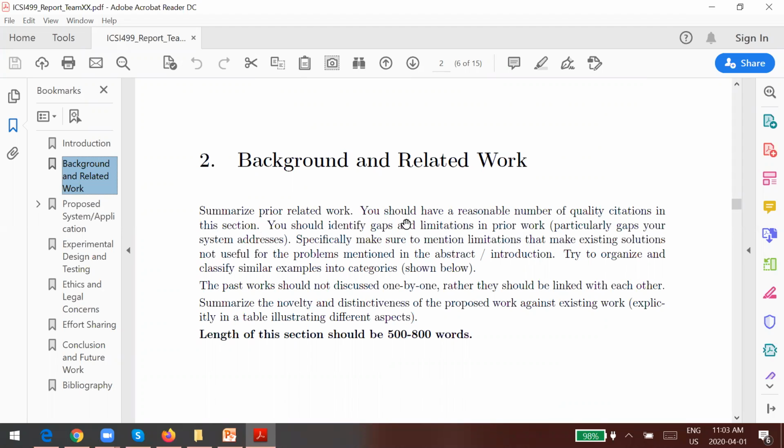You should have a reasonable number of quality citations in this section. You should identify gaps and limitations in prior work, particularly gaps that your system addresses. Specifically, make sure to mention limitations that make existing solutions not useful for the problems mentioned in the abstract or introduction, and then try to organize and classify similar examples.